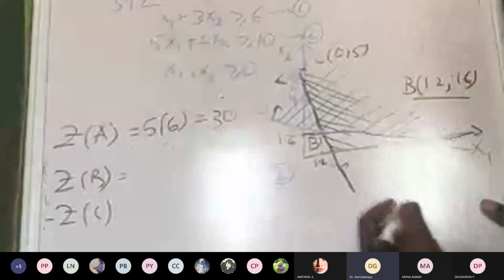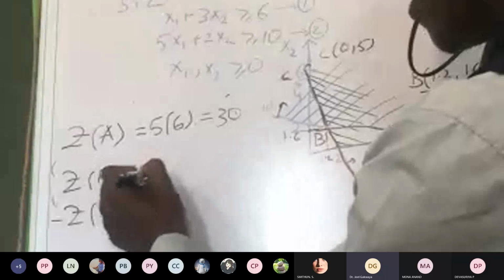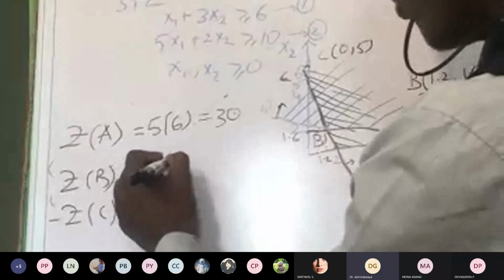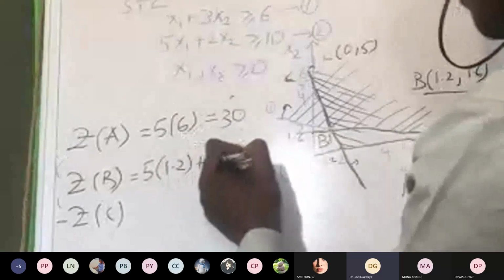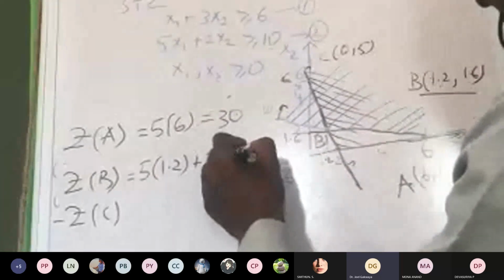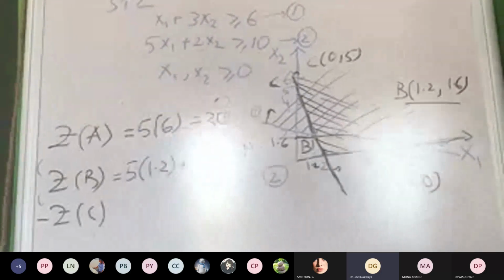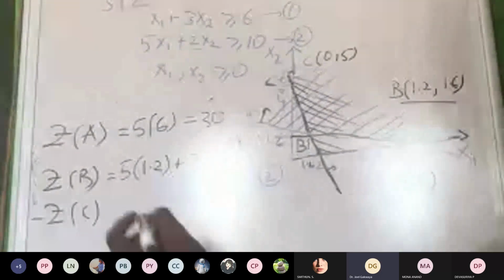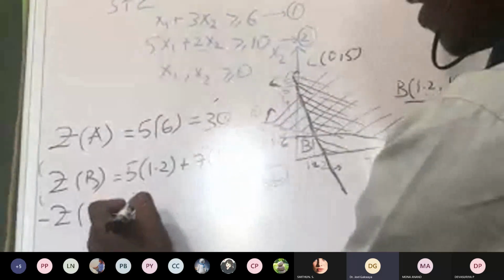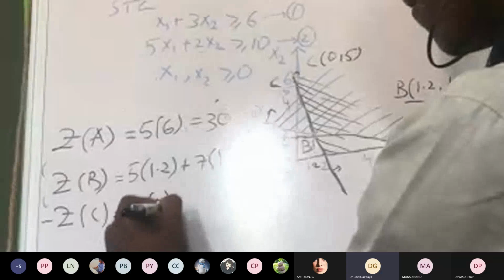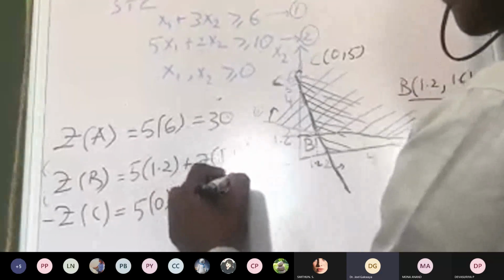What's the point B? Point B, x1 is equal to 1.2. What does it mean? It means 5 into 1.2 plus 7 into 1.6. You can calculate fast and tell me. Do a fast calculation and tell me the answer for that one as I go to C. What is C? C is 5 into 0 plus 7 into 5.